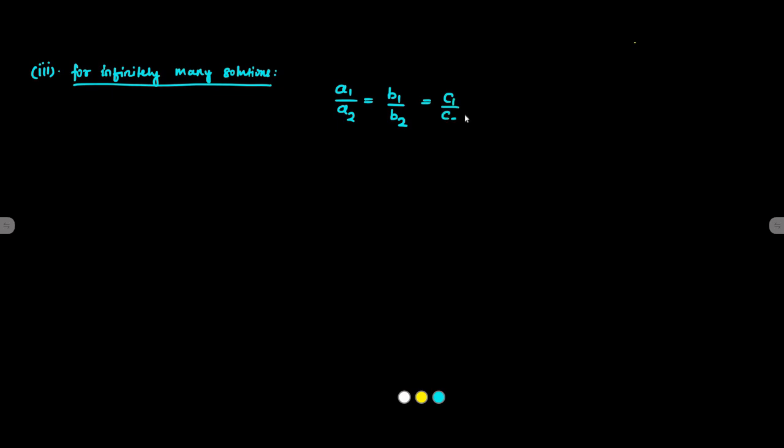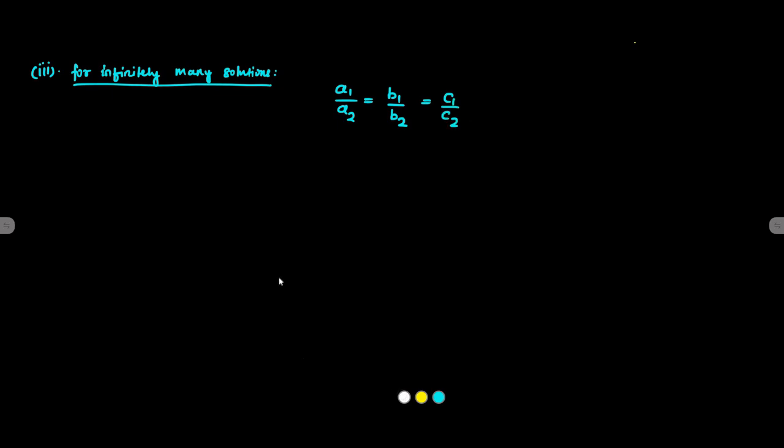Now for infinitely many solutions, the condition is A1 by A2 should be equal to B1 by B2 should be equal to C1 by C2.